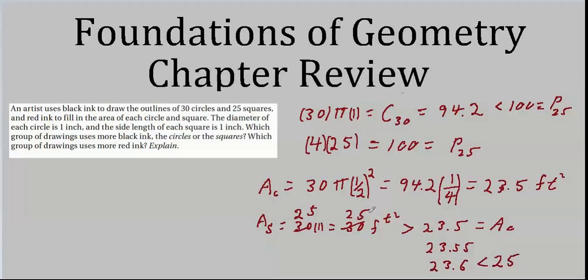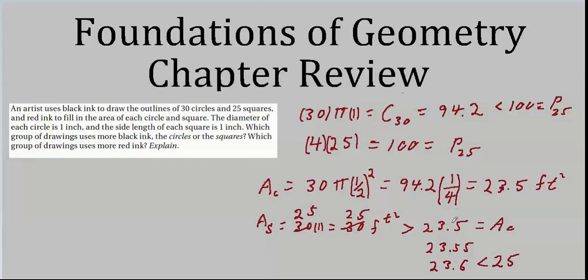Now that's funny. Even if you made the same dumb mistake I made, you'd get the right answer. It's not going to happen very often. If we put the 25 in here, then obviously we get 25 square feet for the total area of the 25 squares, which is in fact more than 23.6.